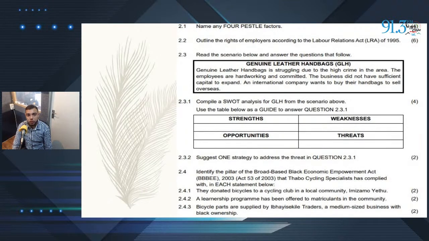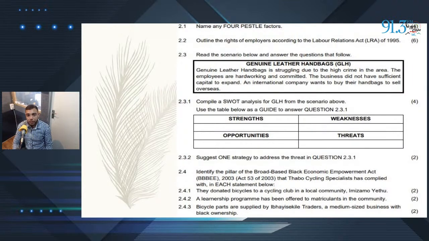Before we move over to section B, what I'm going to focus on here is only question 2 and question 3. Question 4 is a miscellaneous question, which in fact covers both environments and operations. Therefore, I'm going to focus mainly on environments as a question and mainly on operations as a question. So we move on. 2.1.